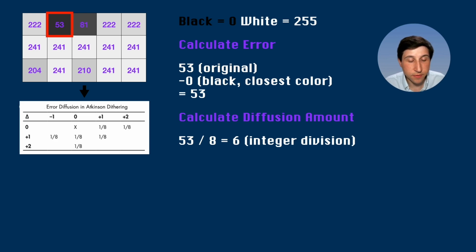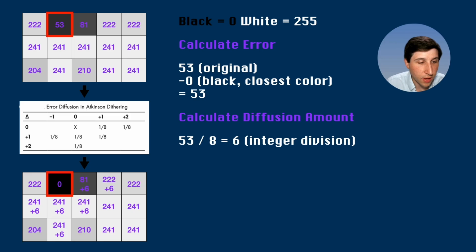So our diffusion amount is going to be 6 that we distribute to 6 surrounding pixels. Okay, what does that look like? We find those 6 surrounding pixels as indicated by the table relative to the original, which is x, by the way, in the table, and we add 6 to their grayscale values.